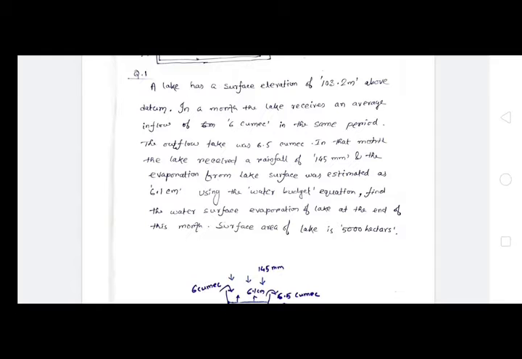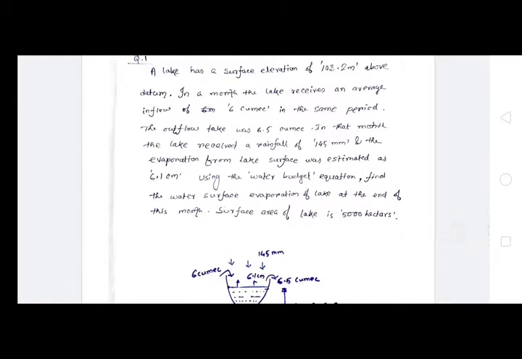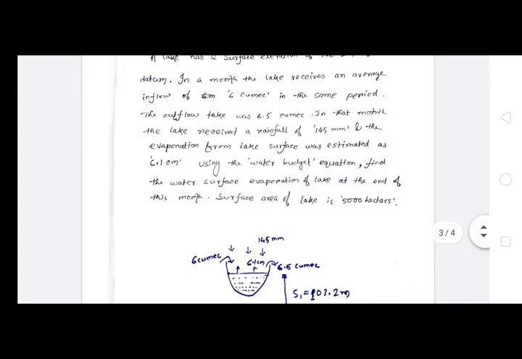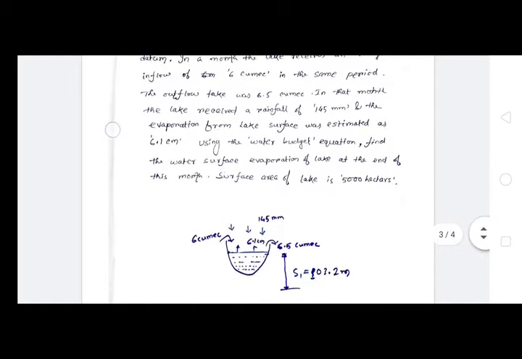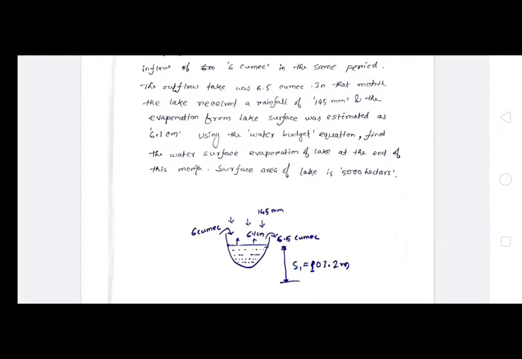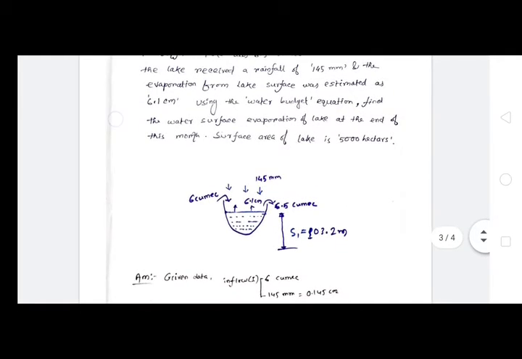In the same period, the outflow was 6.5 cubic. In that month, the lake receives a rainfall of 145 mm, and the evaporation from the lake surface was estimated as 6.3 centimeter. Using the water budget equation, find the water surface elevation of the lake at the end of this month. Surface area of the lake is 5 hectares.